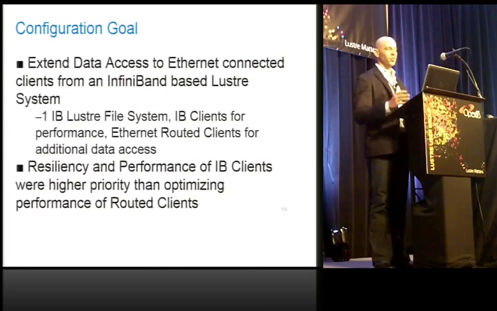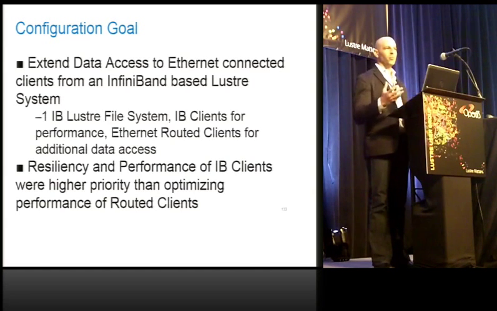So the configuration goal is, I had an InfiniBand-based Lustre file system, and InfiniBand-based clients mounting the file system directly. The majority of the I/O and performance will be on the InfiniBand clients. There was also a need to extend data access through LNET routers to Ethernet-based clients for additional functionality and I/O.